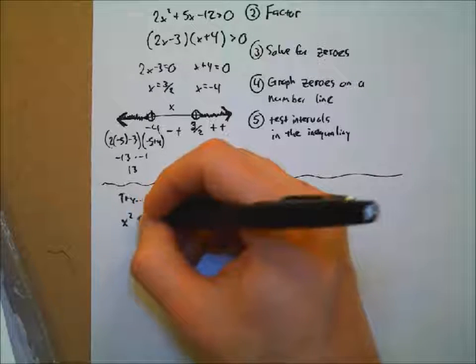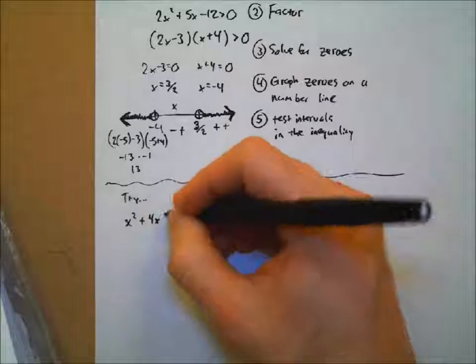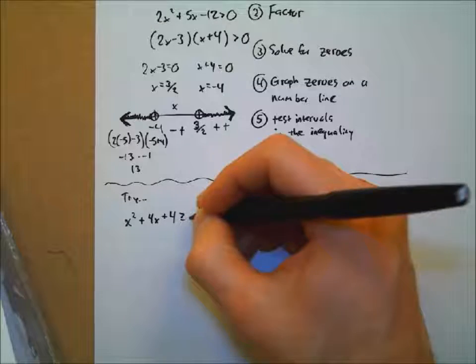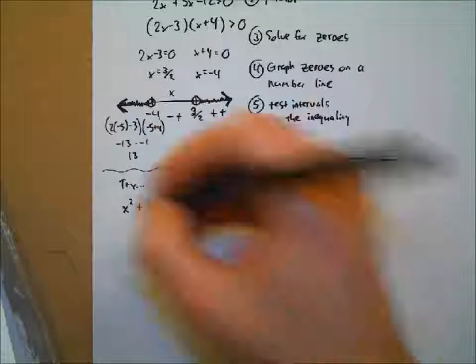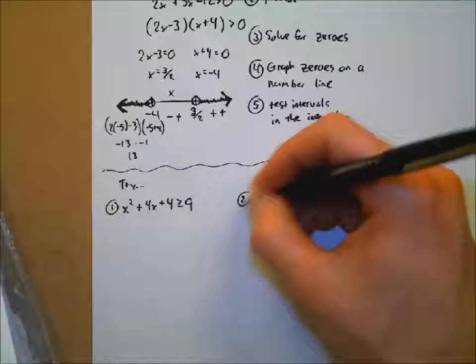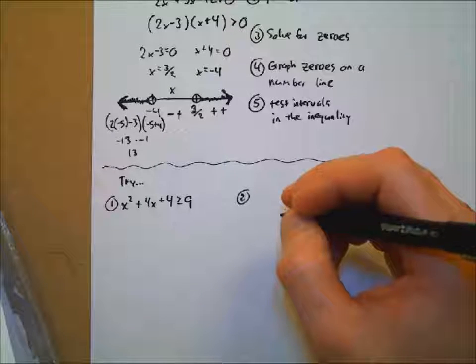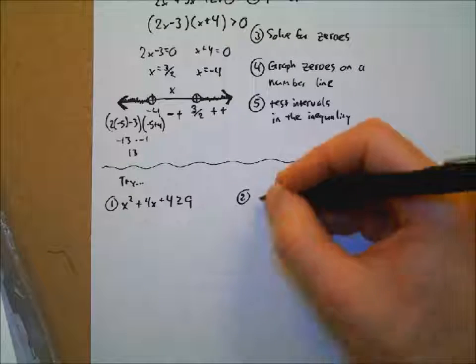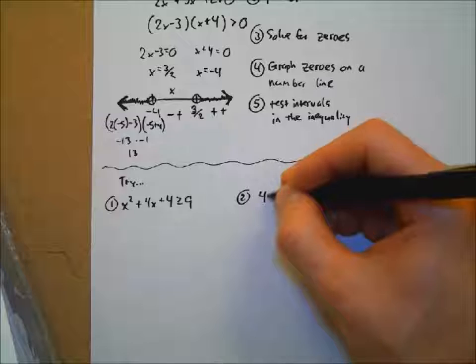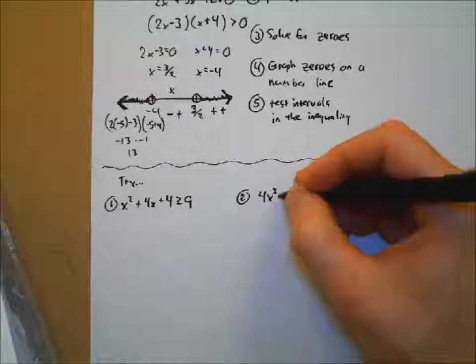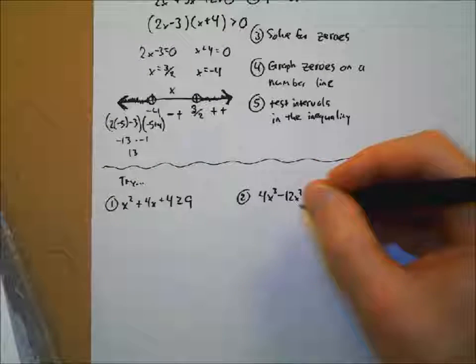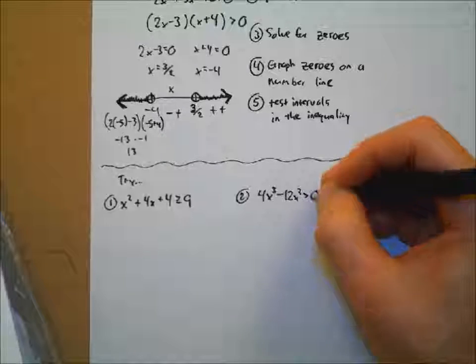x squared plus 4x plus 4 is greater than or equal to 9. Try this one: 4x cubed minus 12x squared is greater than 0.